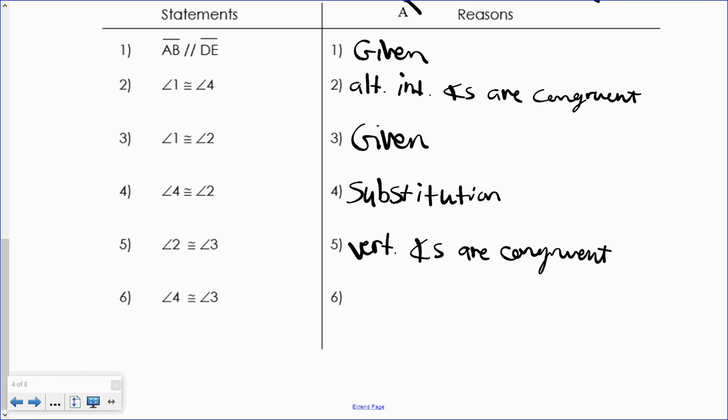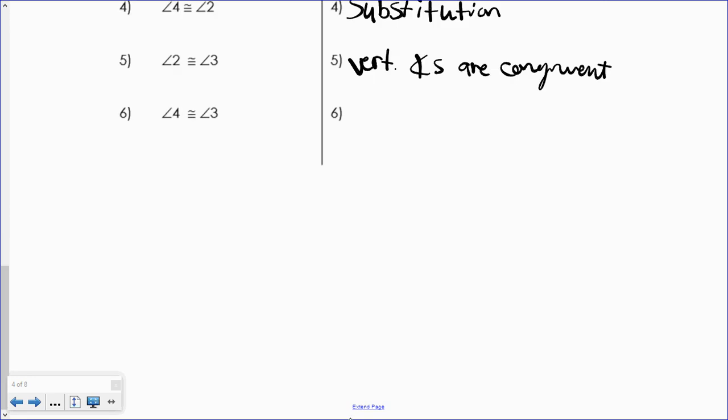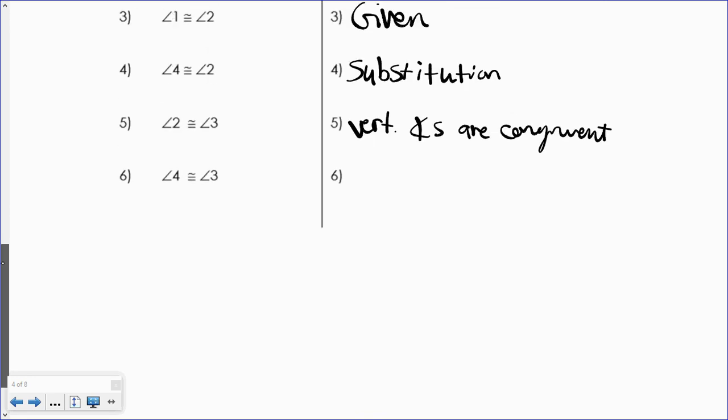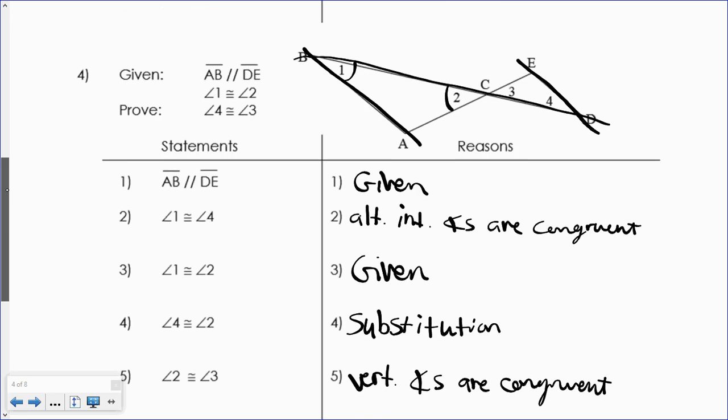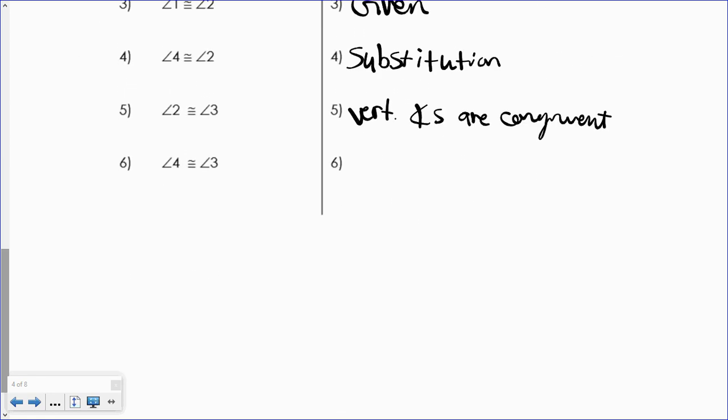How would I know 4 is congruent to 3? Any ideas? If you look at the picture, 4 and 3 don't have a relationship either, so why would I be able to conclude that? It's another substitution.